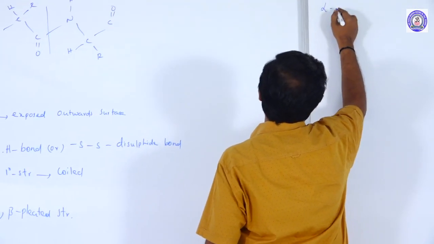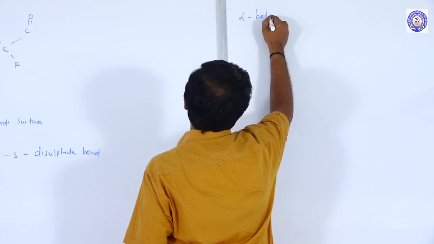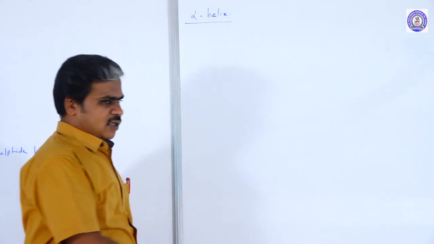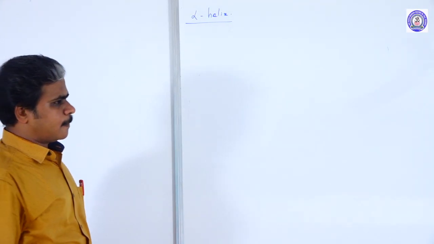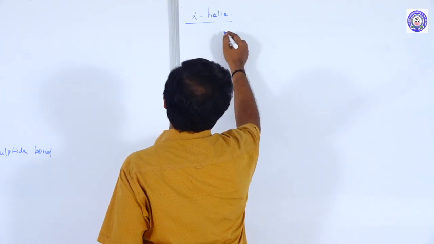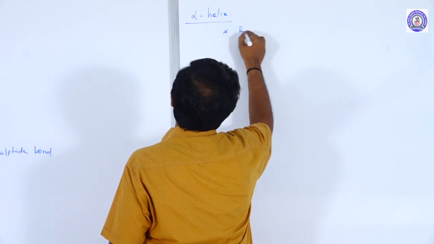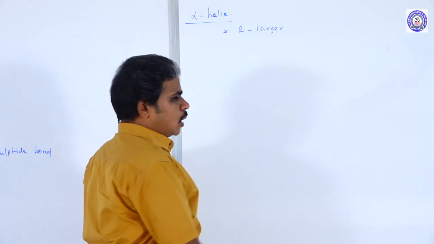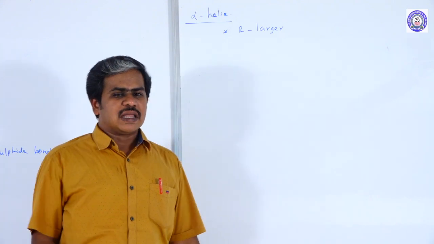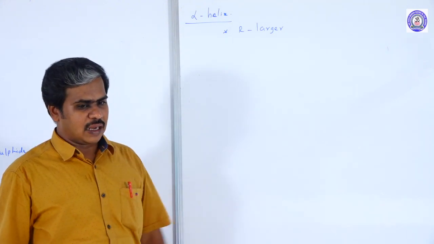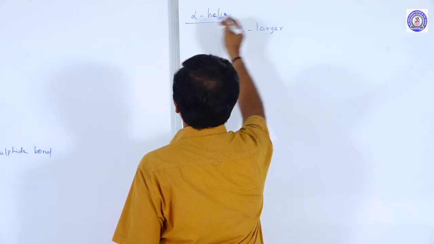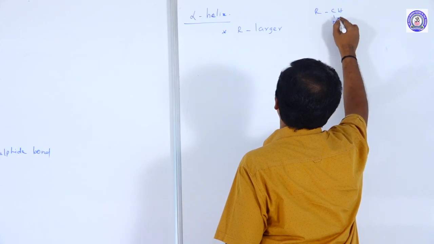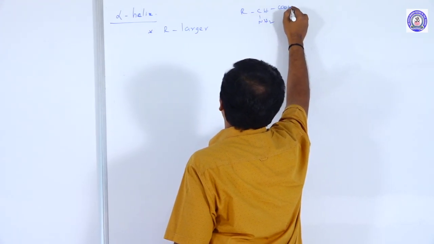So, in this secondary structure, the alpha helix structure is where the R group is larger. If the R group size is larger, there is a possibility of alpha helix. And here there is R and CH, NH2 and COOH.